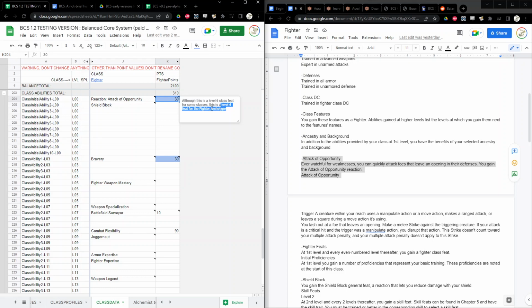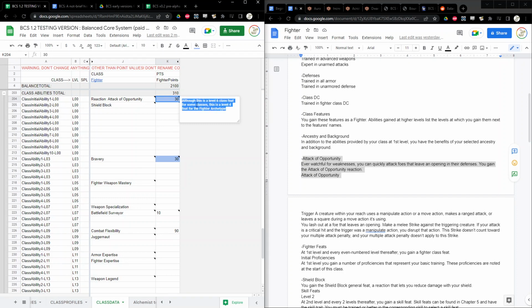Even for the multiclass fighter, it makes the multiclass fighter feel unique. Whereas if the other classes that get this level 6 feat got it at level 4, well then why would you take the fighter archetype? It would be less useful to them, I guess. I don't know, but this seems to be working.